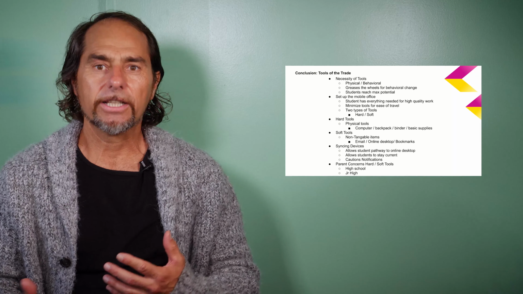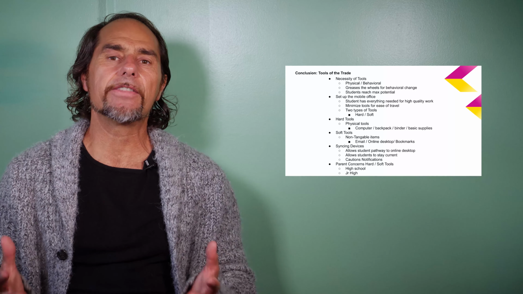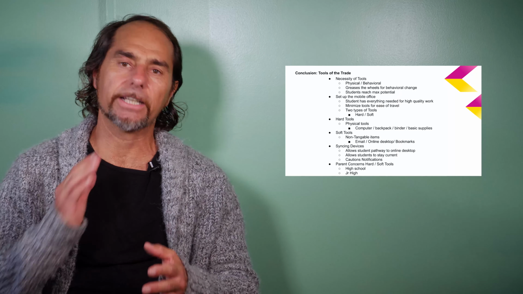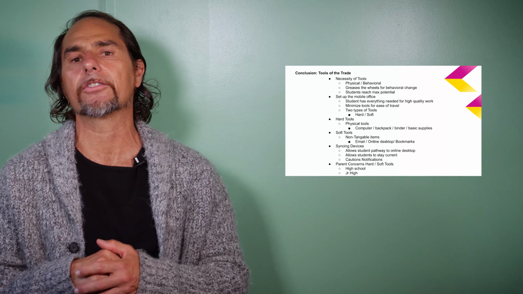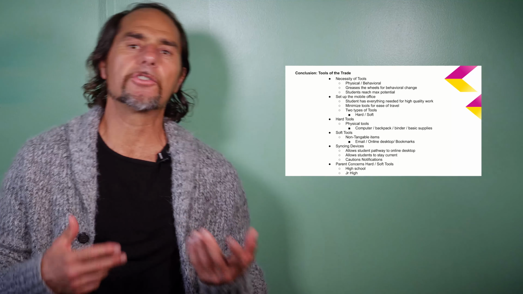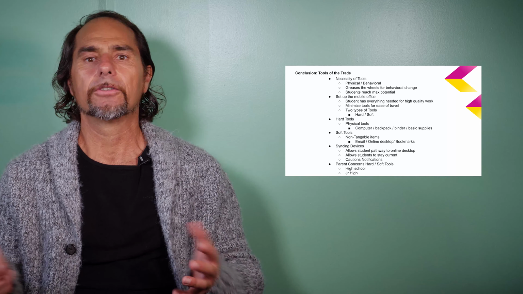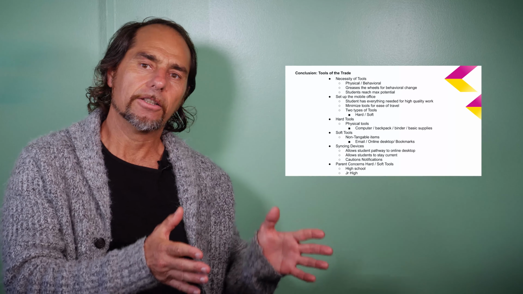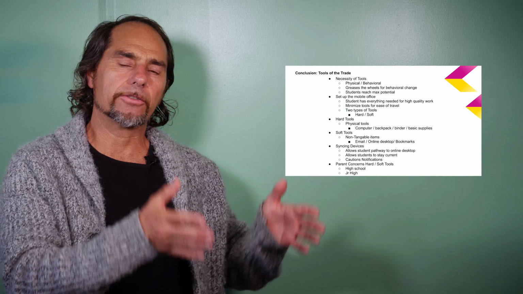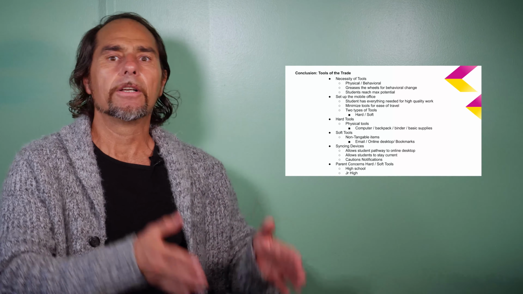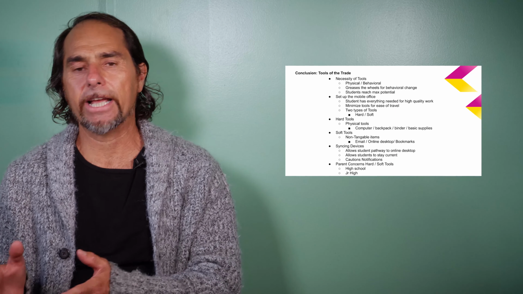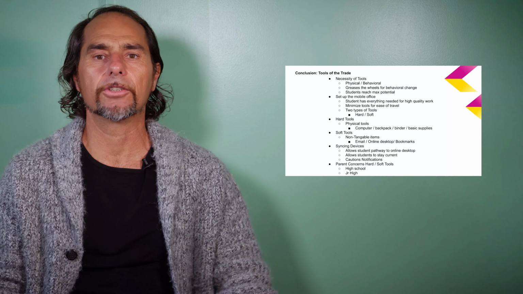By doing this, the student has everything they need whenever they go, once again greasing the wheels to success. The thing we had to differentiate between was the hard tools and the soft tools. Hard tools being backpacks, computers, pens, pencils, supplies, etc. Soft tools being the non-tangible things, which we will go into in just a moment.